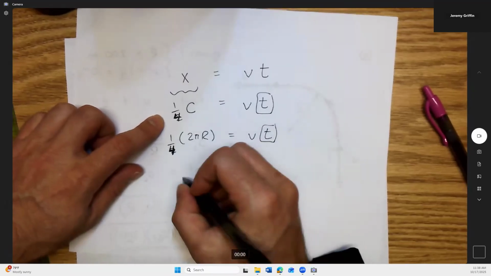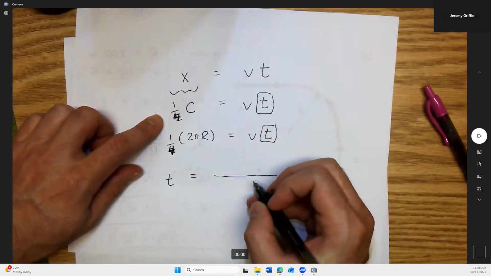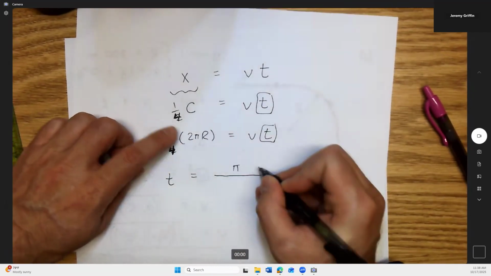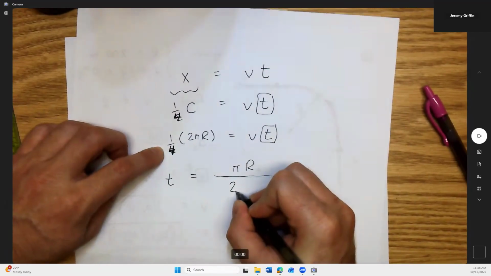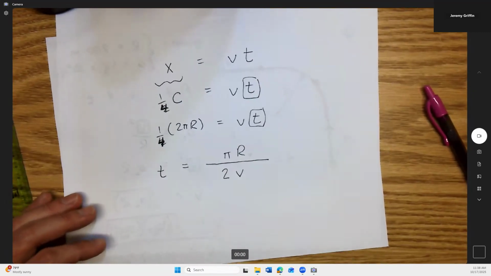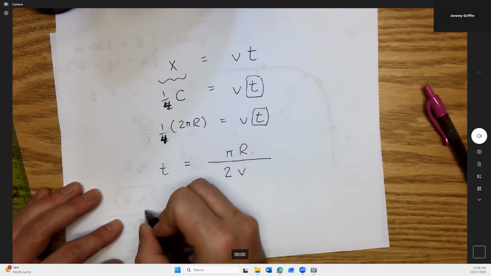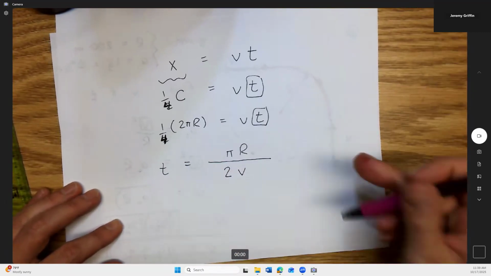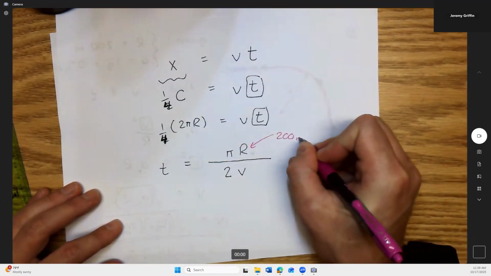Divide down the v, I'm getting time is equal to a big fraction. I got a pi up here, an r up here, a 2 over 4 divides to 1 over 2, and divide down the v. So there's the answer in terms of variables. And then we can plug everything in. In place of r, we're going to plug in 200 meters.